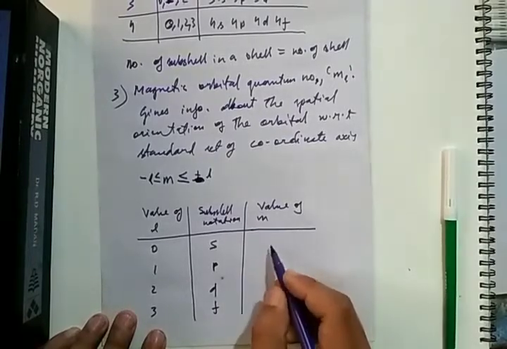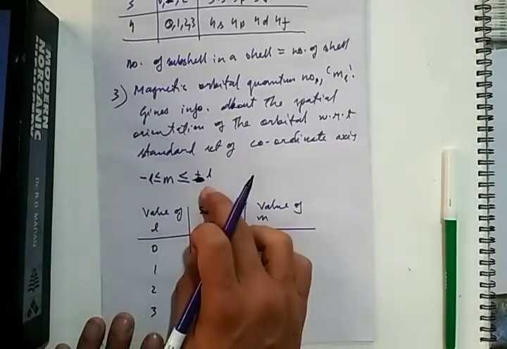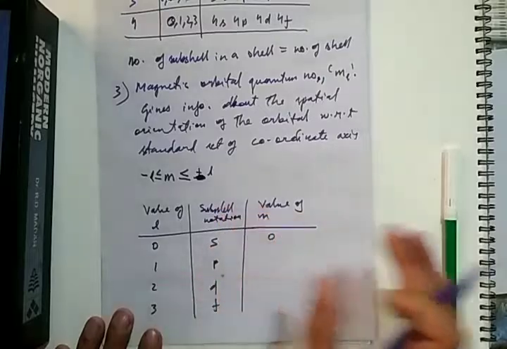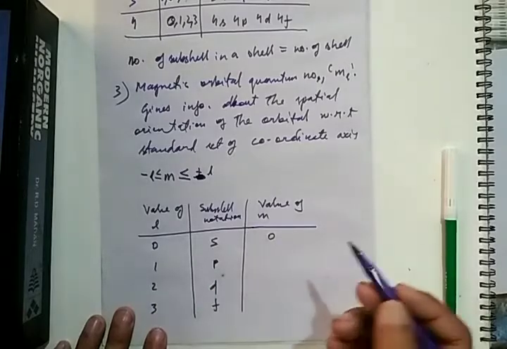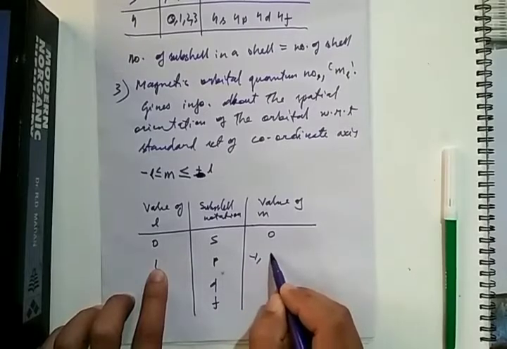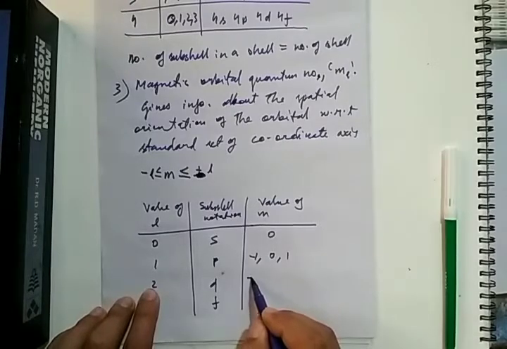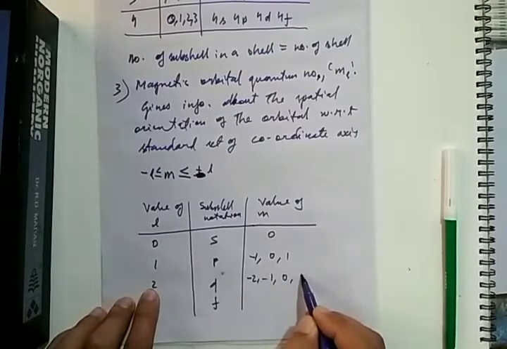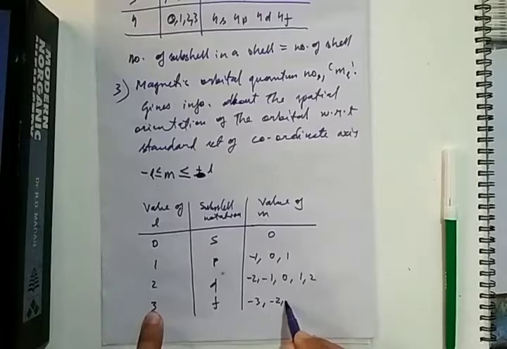For l equal to 0, m will be 0. The value of m goes from minus l to plus l, so it will have both negative and positive values. Since l is 0, m will be 0. For 1, it will start from minus 1, 0, 1. For 2, minus 2, minus 1, 0, 1, 2. For 3, minus 3, minus 2, minus 1, 0, 1, 2, 3.